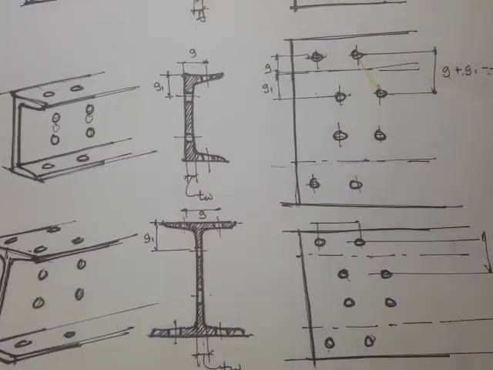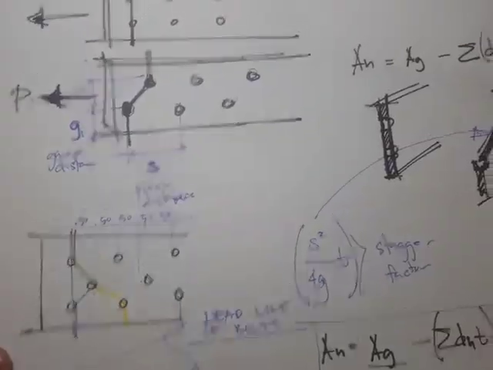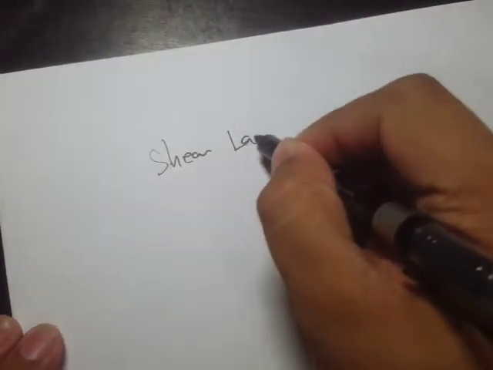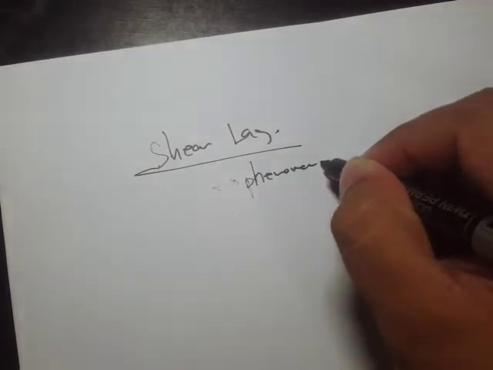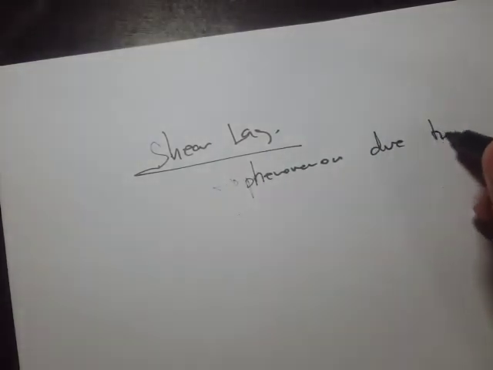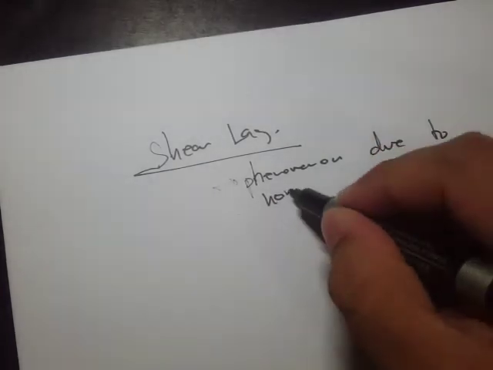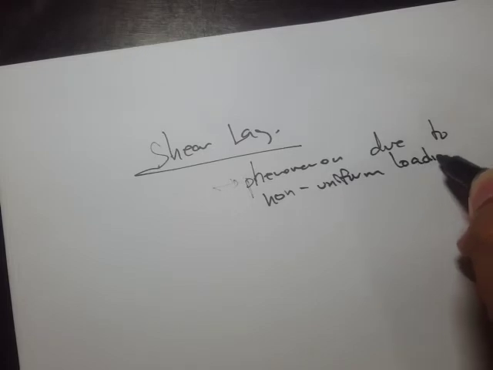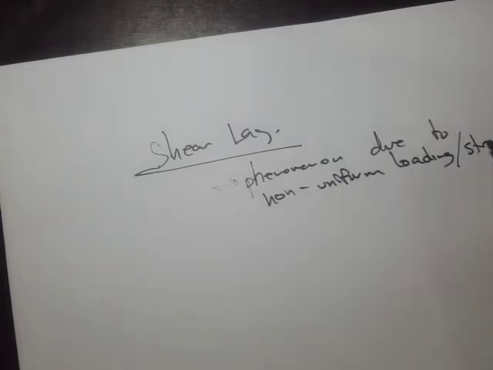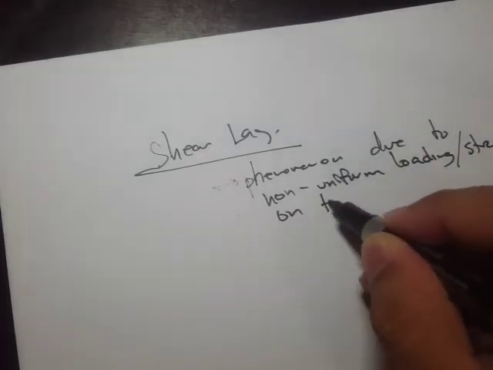Okay, the last concept for this topic would be the concept of shear lag. Shear lag is a phenomenon due to, roughly speaking, non-uniform loading or stresses on the net section.